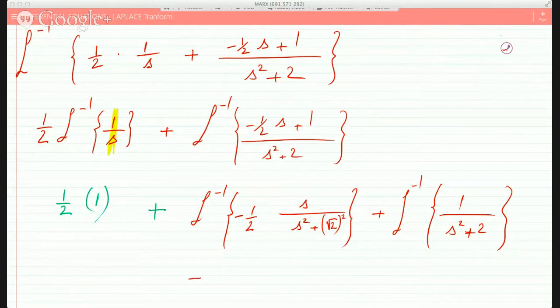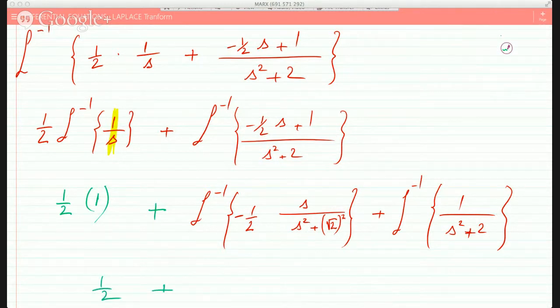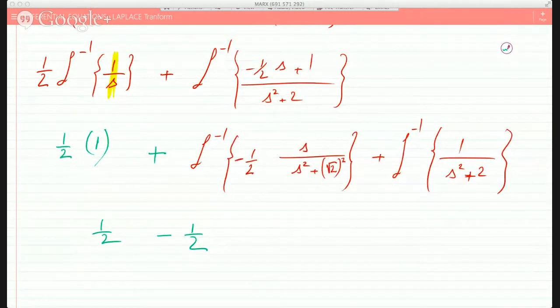So the minus half comes out. Let's write in green here. So we have so far a half coming from the first one plus the inverse Laplace, so I can pull out the minus half. And s over s squared plus b squared, where b is root 2 in this case, is cosine bt.